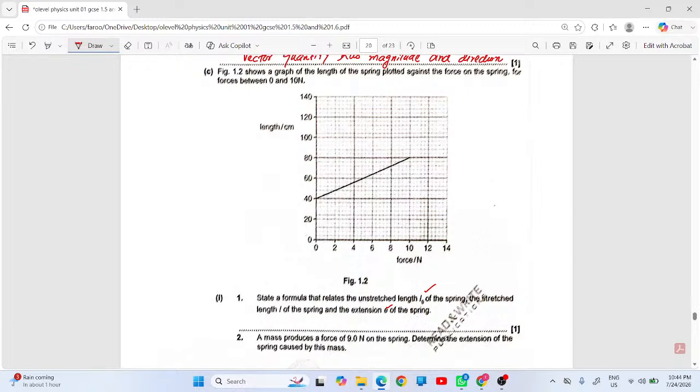So we know that extension equals final length minus initial length. अच्छा फॉर्मूला ही पूछा है, देखिए मार्किंग स्कीम में क्या लिखा हुआ है. So L is equal to L naught plus E, or L naught is equal to L minus E, or E is equal to L minus L naught. जी सर.